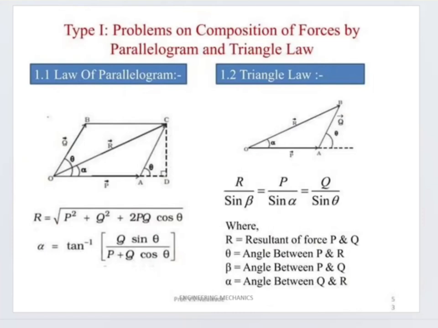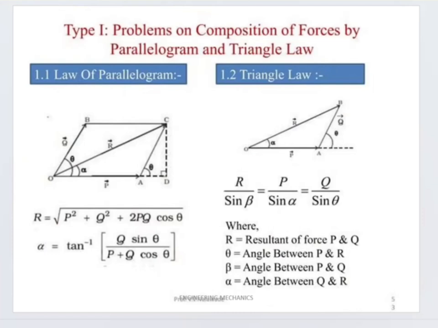The angle the resultant or diagonal makes is alpha, equal to tan inverse of Q sin theta divided by P plus Q cos theta. These two terms are important in the solution using the law of parallelogram.